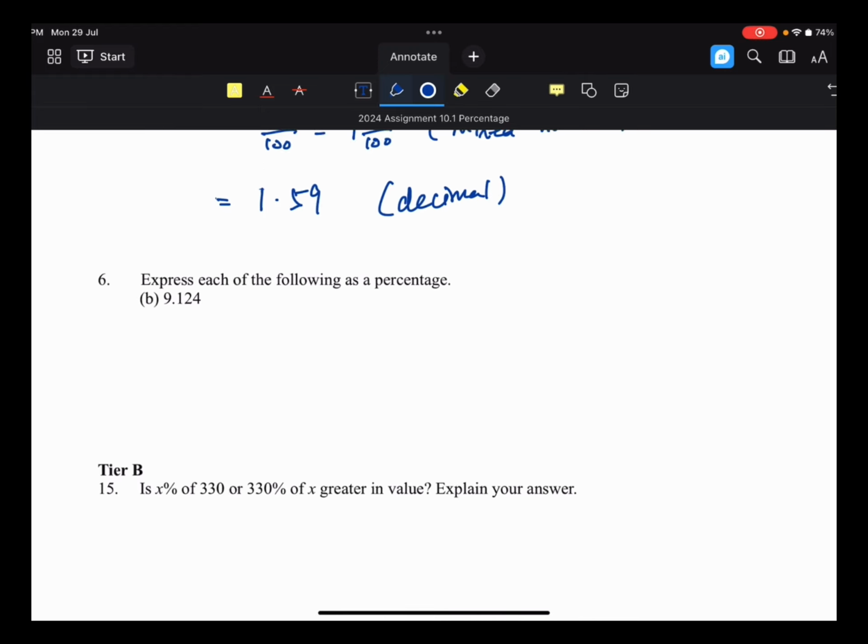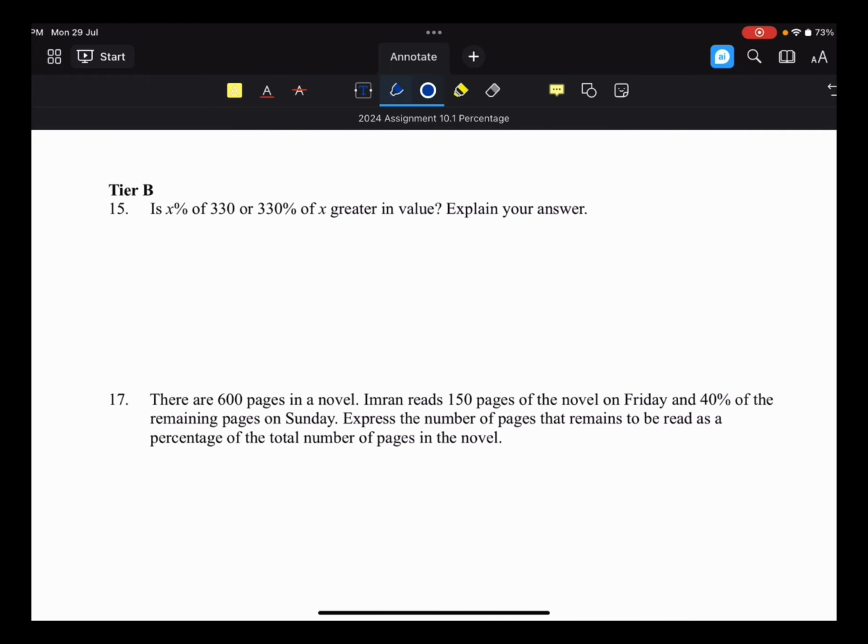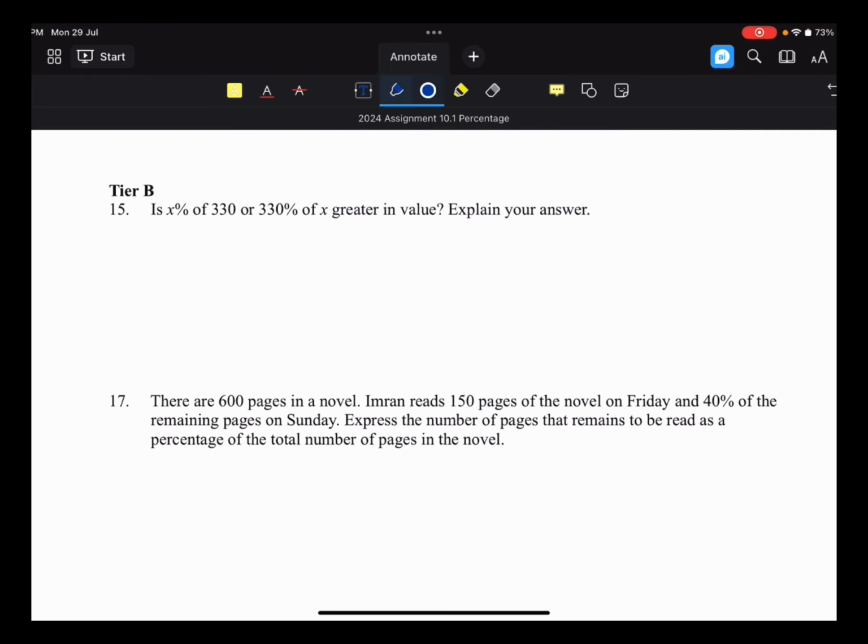Okay. Next one, we have 9.124 as a percentage. So this will give us 9.124 times 100%, which will give us 912.4%, right? Okay, next one is x percent of 330 or 330% of x, right?